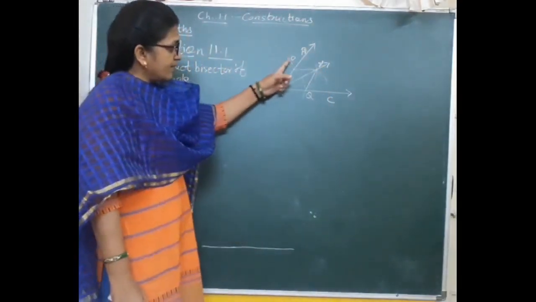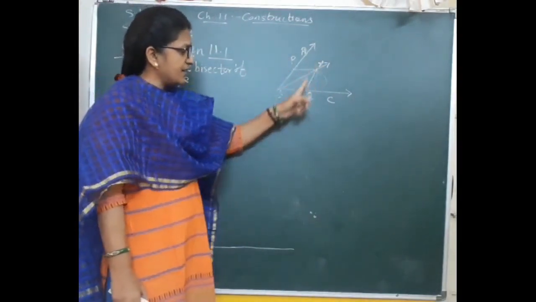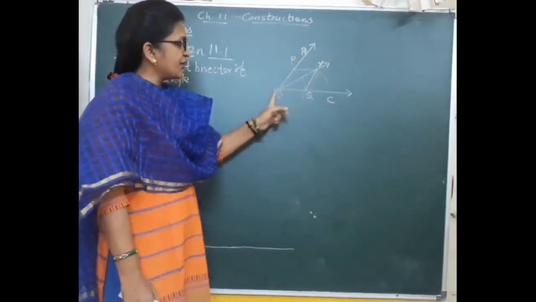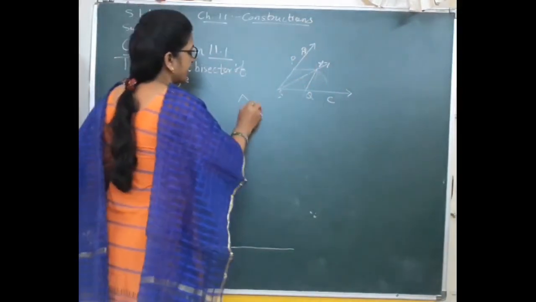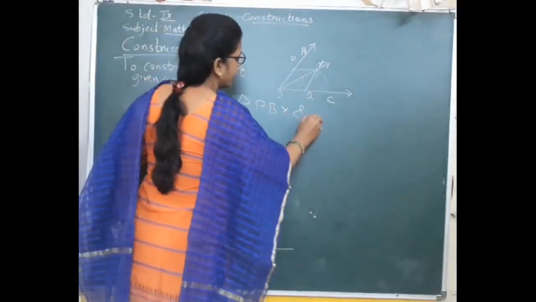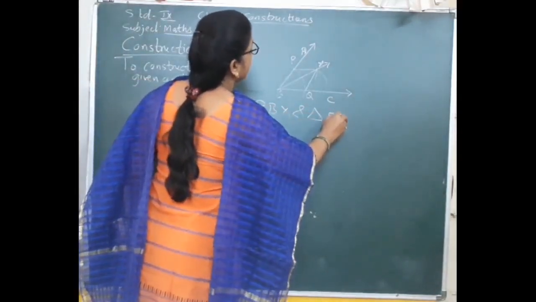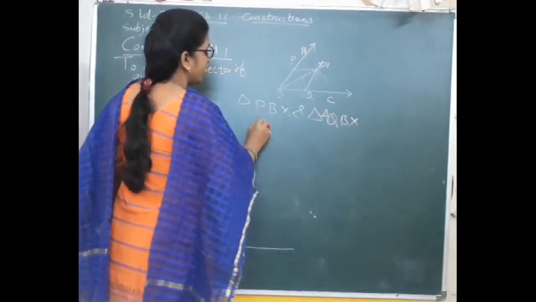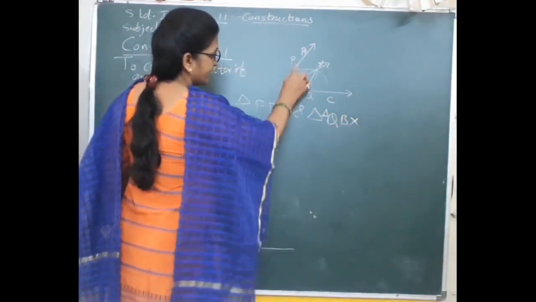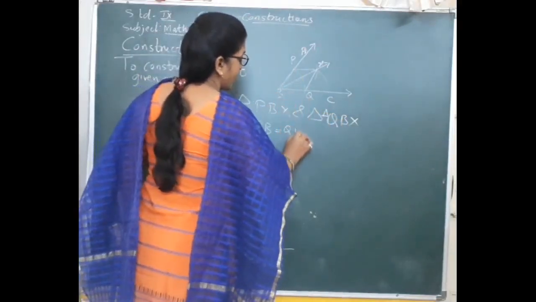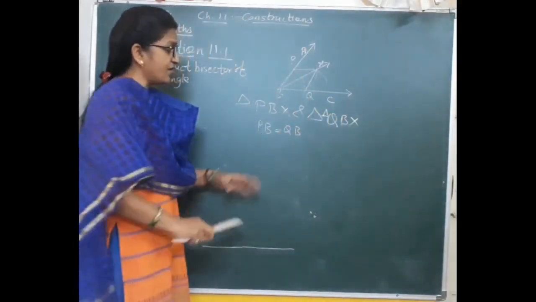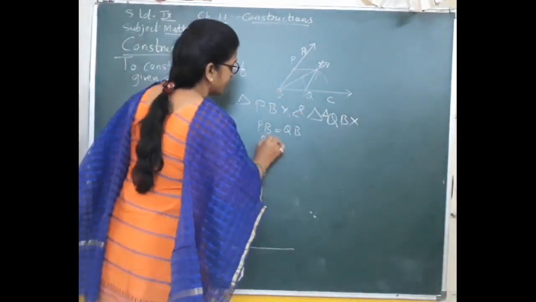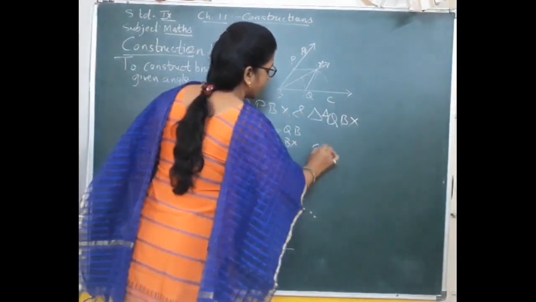Now in triangle PBX and triangle QBX, what can you write? PB is equal to QB, arcs of the same radius. Next, BX is equal to BX, common.